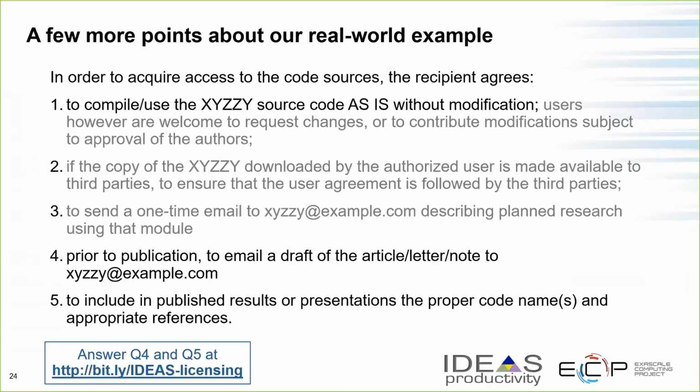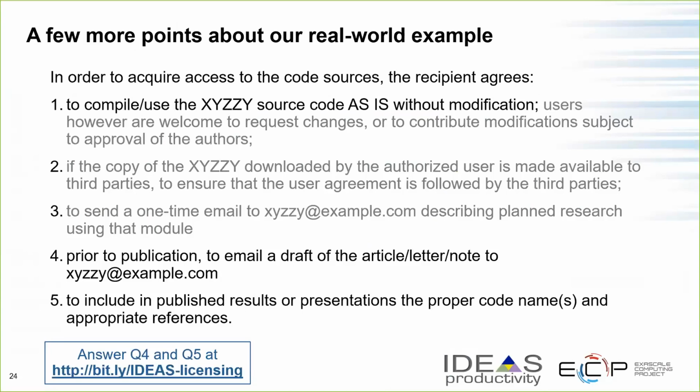Why do you think they included a clause that says, prior to publication, you have to email the owners of this code a draft of your journal article for them to review it? And the fifth question is, they're asking you to include in presentations or papers the proper name of the code that you've got and appropriate references that go along with that.